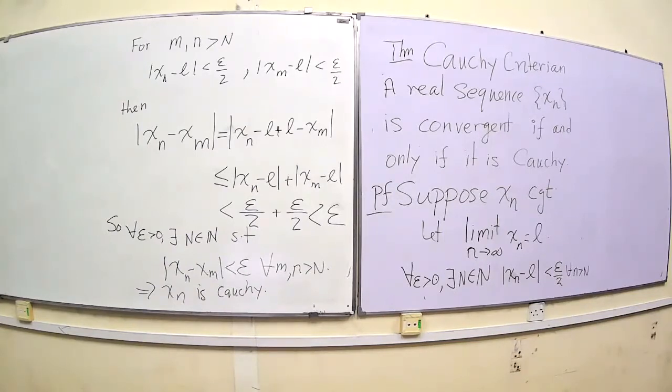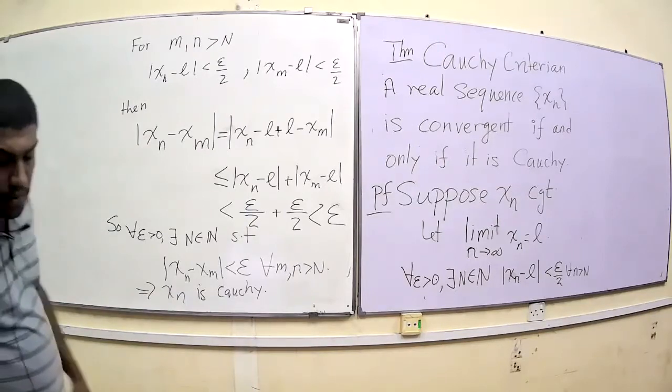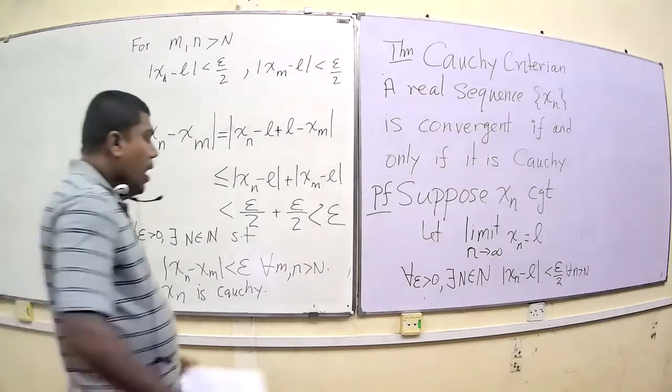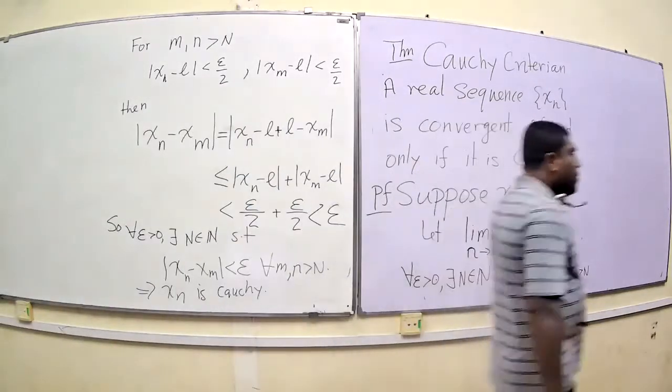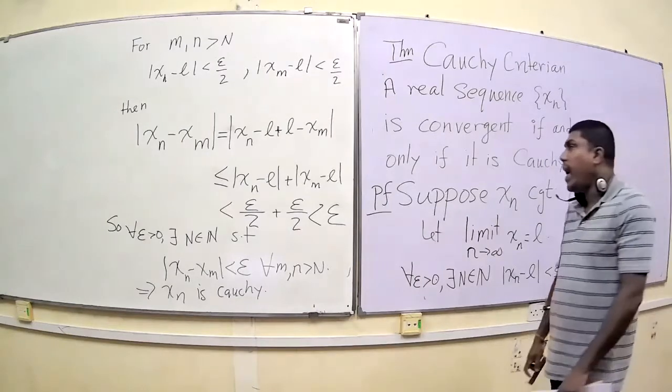Now what we have to do is prove that if the sequence is Cauchy, then it is convergent. So we have to prove the converse of this result. To prove that, we will use some of the results which we already have.